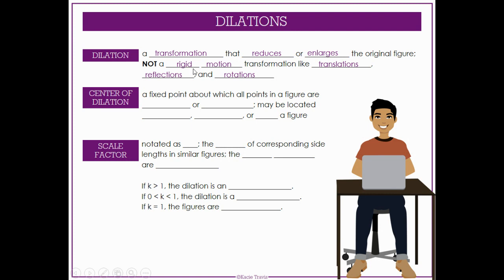Rigid just means that we're taking the shape and moving it around, but it still stays the same type of shape, same size of shape, same all around. With this, you're not keeping everything the same all around. It may be the same type of shape, but the size of it is going to be different.